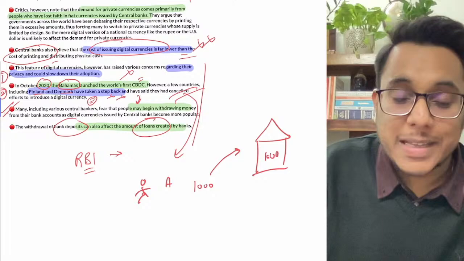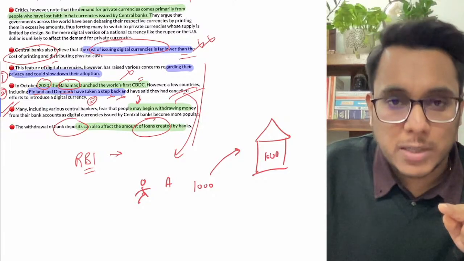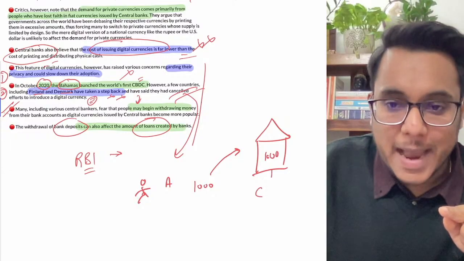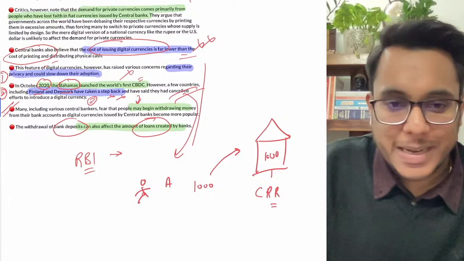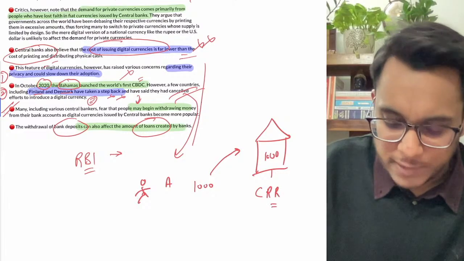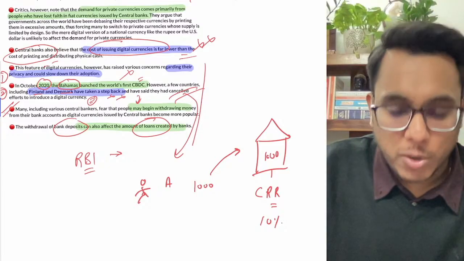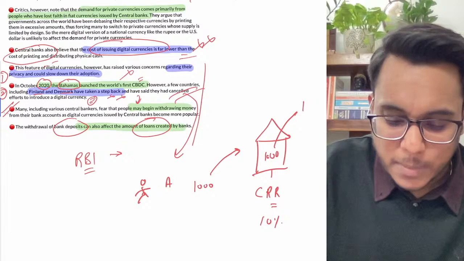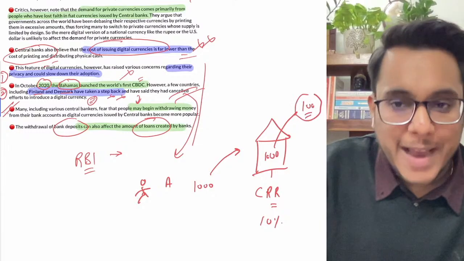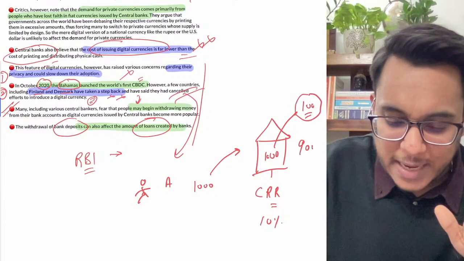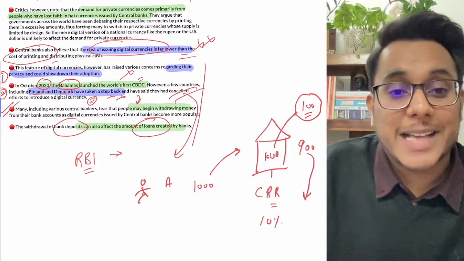Now guys, what will happen, the bank will keep a part of this 1000 rupees. There is a cash reserve ratio that a bank has to maintain. Let's say the cash reserve ratio is 10%. So the bank will keep 10% of this 1000 rupees, which means 100 rupees, in reserve, but the remaining 900 rupees the bank will give as a loan.